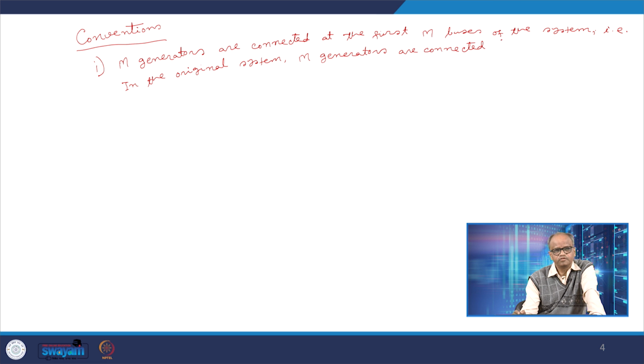There is no hard and fast rule, but we shall be working with these conventions because it will make our analysis a little easier.